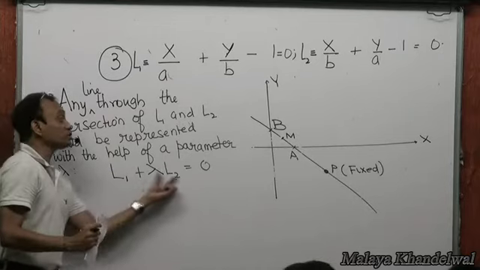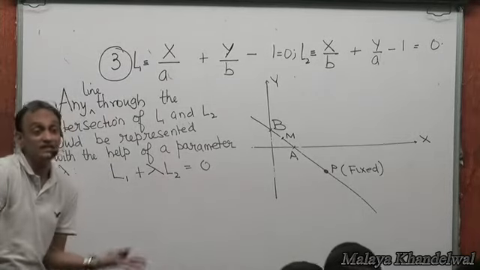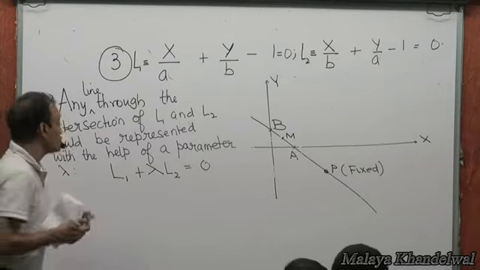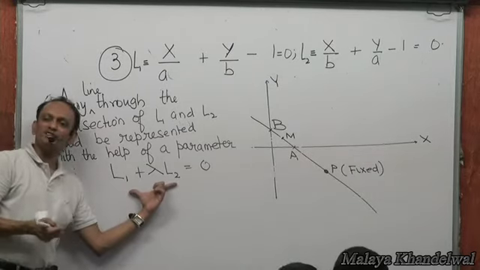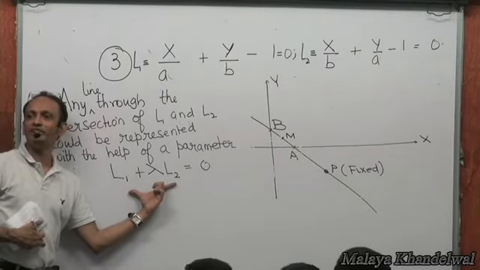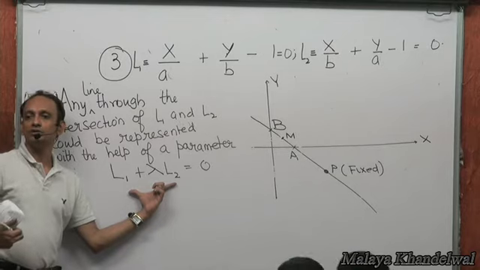A linear combination of L1 and L2 will always pass through the intersection of L1 and L2. Yes or no? So any line of this form will pass through P, the intersection of L1 and L2. Yes or no? Yes. Right?